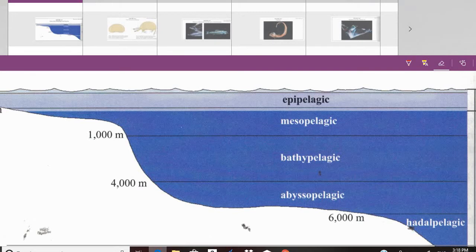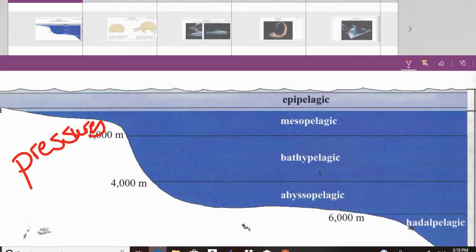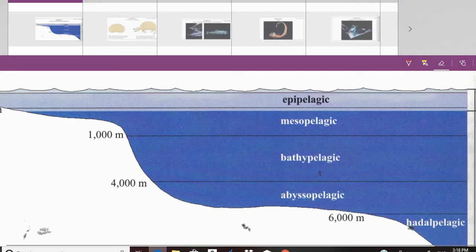And really the big difference between organisms that live in these areas are the pressures that they can tolerate. So they will tend to live in an area that has pressure that they can tolerate, and they don't move much between these levels because they live within a fairly narrow pressure range. So pressure is the big thing.